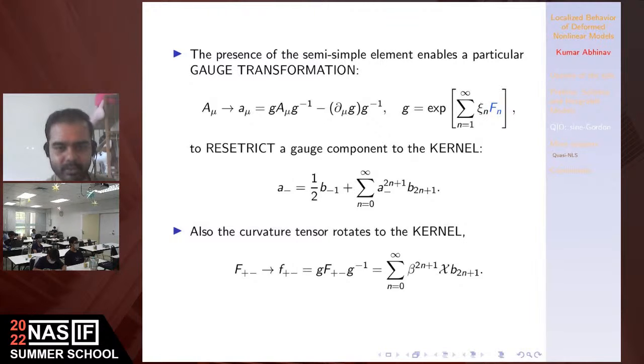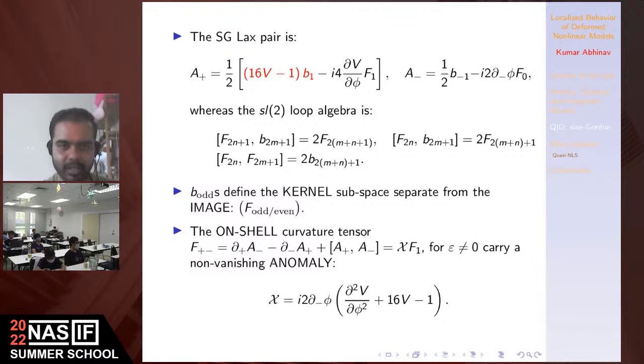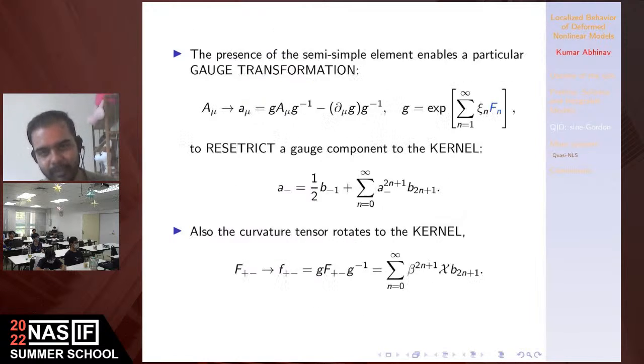So the A minus operator becomes confined to the kernel subspace. Small a means after gauge rotation. If you remember, before, A plus had the B1 element, the kernel semi-simple element. So you make this capital A minus, which after rotation becomes small a minus, confined to the kernel subspace.